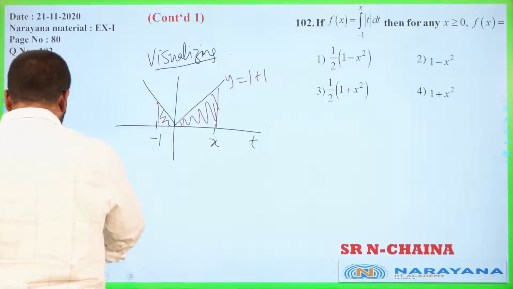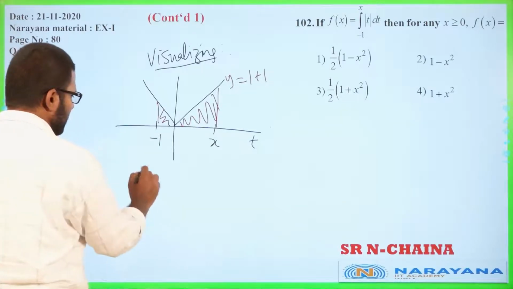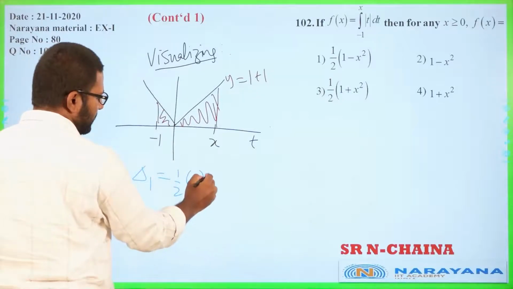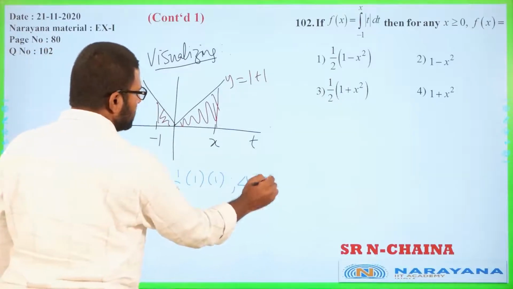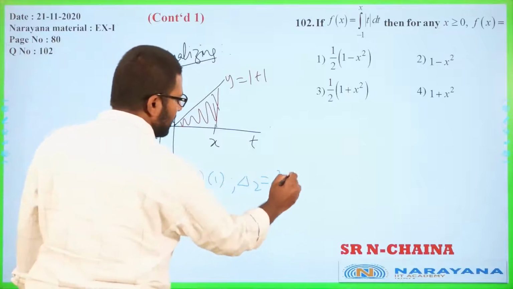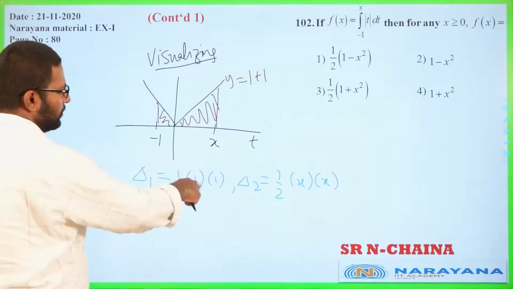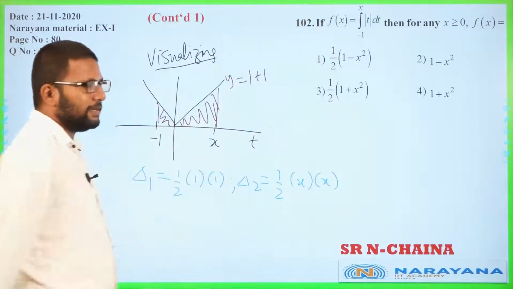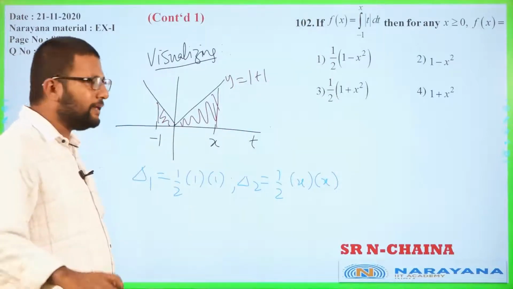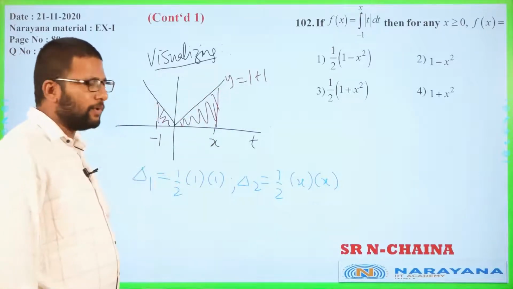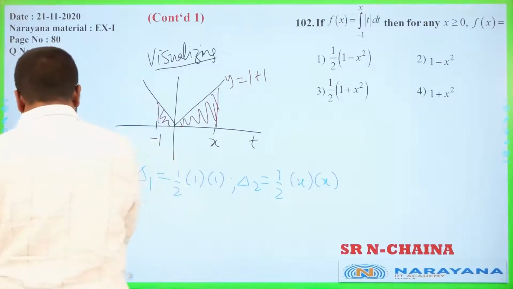Can you see how much that area will be? Triangle 1 is 1 unit, half of 1 into 1. The second triangle would be half of x into x, which is x square by 2. So 1 by 2 plus x square by 2, that is (x square plus 1) by 2, done, right? So visualizing will also help you whenever you need it, okay? Alright, then let us proceed.